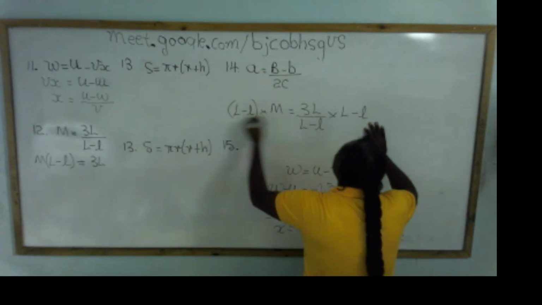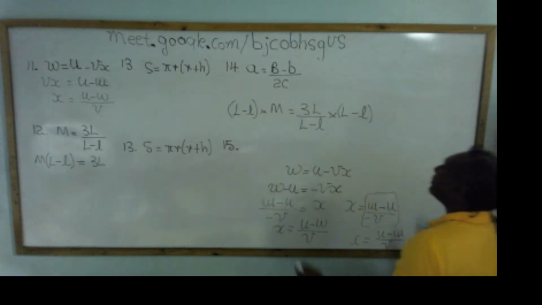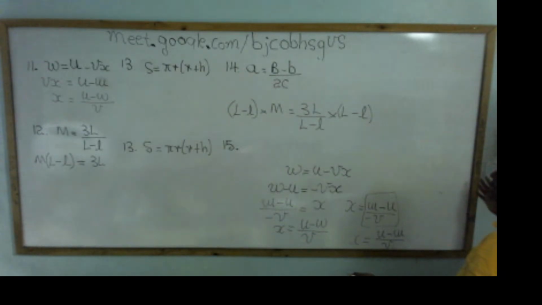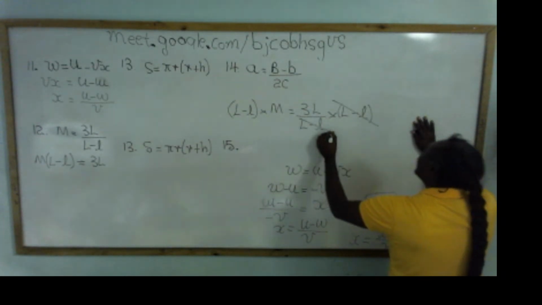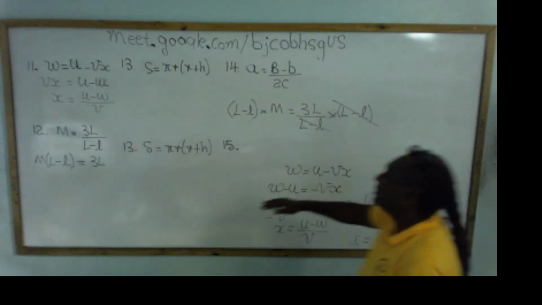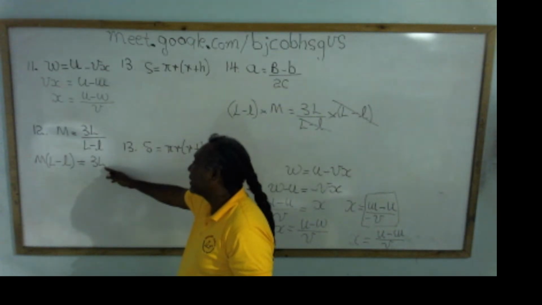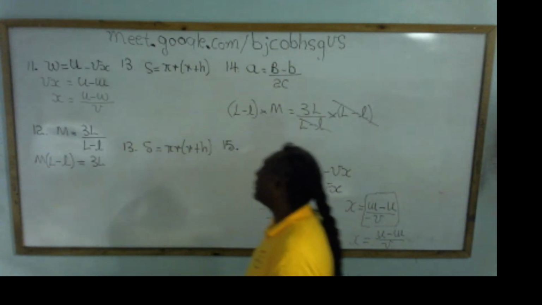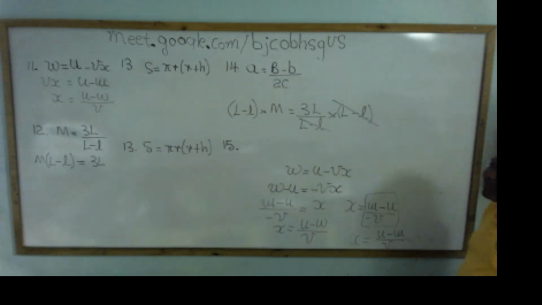This will have to be in brackets, also this in brackets. So I multiply both sides by L minus L. In that way, the L minus L is eliminated from the right hand side, and this is what we have. And then on the left hand side, that is what we have. Is that difficult to see? We see it, sir.